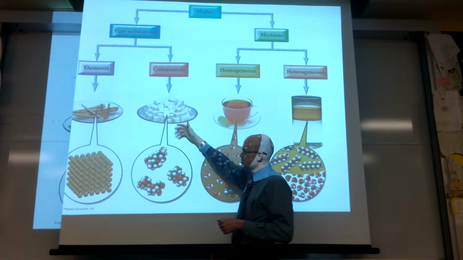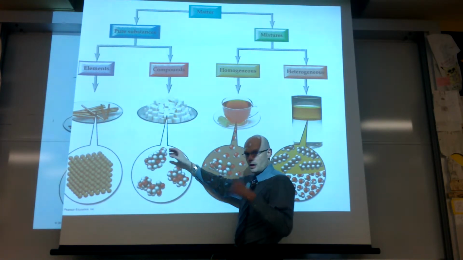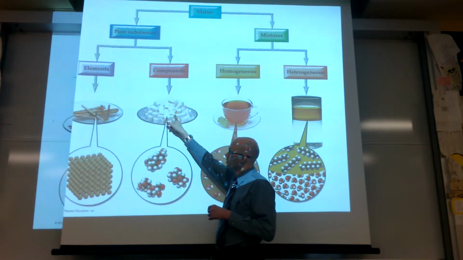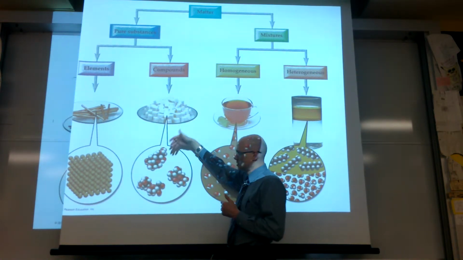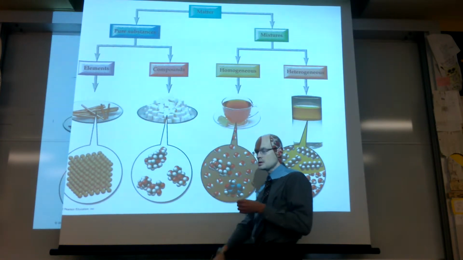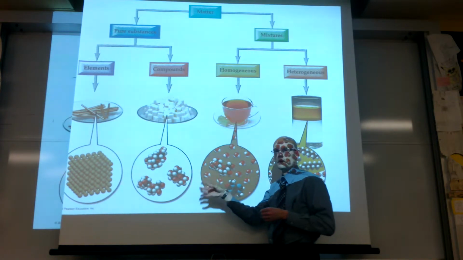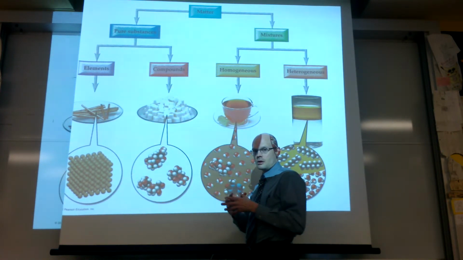This table sugar is C12H22O11. Every one of the little sugar molecules defined as sucrose is C12H22O11. They have a defined composition. Those atoms are held together by chemical bonds in a fixed composition.